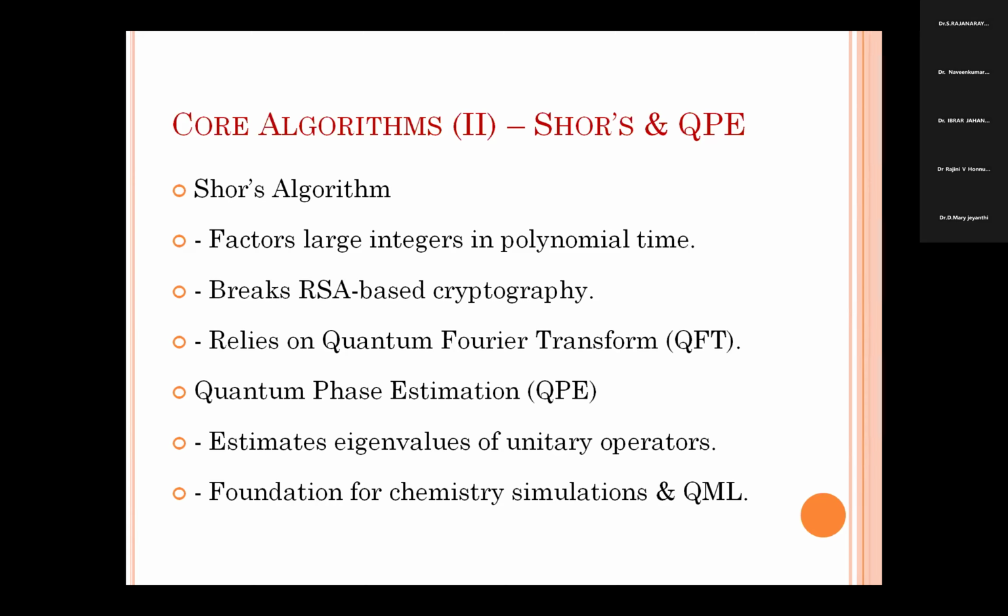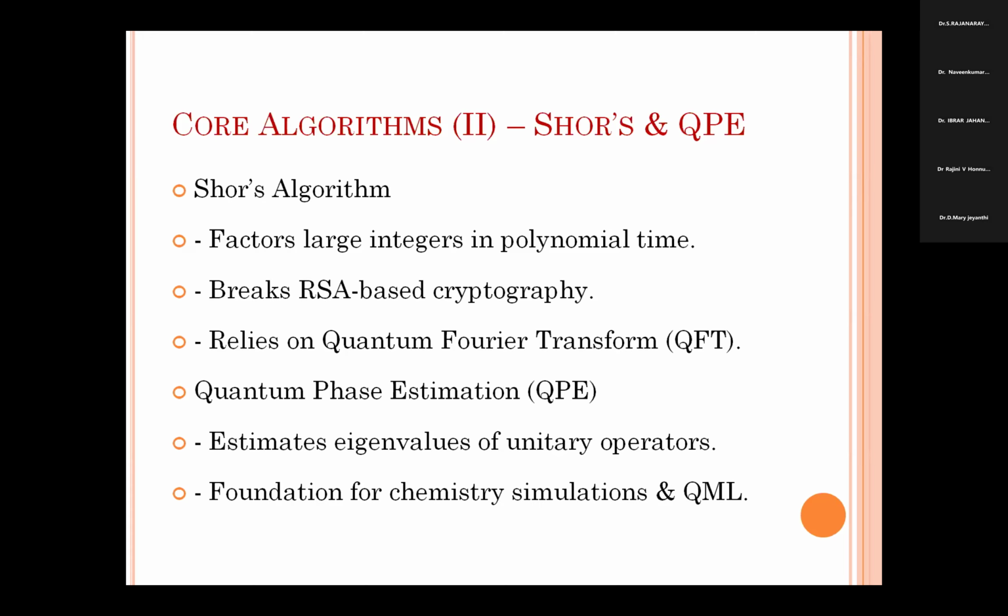Classical factoring is exponential time, while Shor's algorithm is polynomial time, calculated with the notation order of log n to the power of q. Then the three steps.